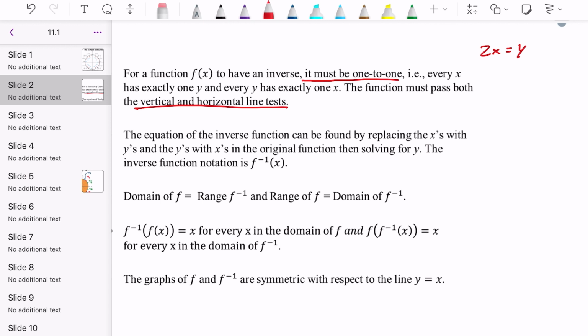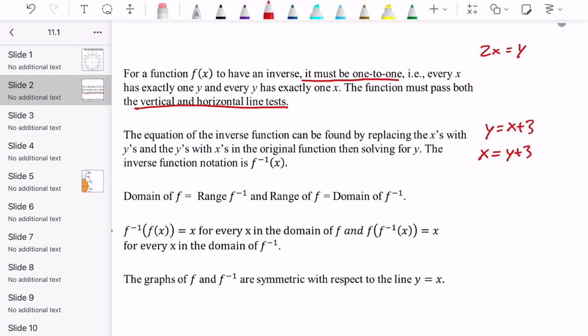Let's take a look at the next equation. This part says the equation of the inverse function can be found by replacing x's with y's and y's with x's in the original function, then solving for y. So if we were to have an equation such as y is equal to x plus 3, to find the inverse of it, we would first replace the x and y, and we would once again solve for y.